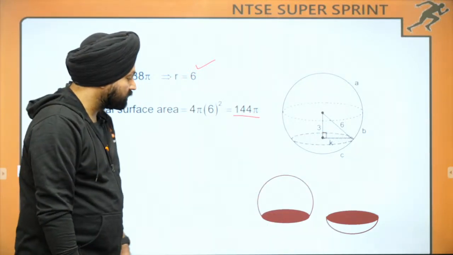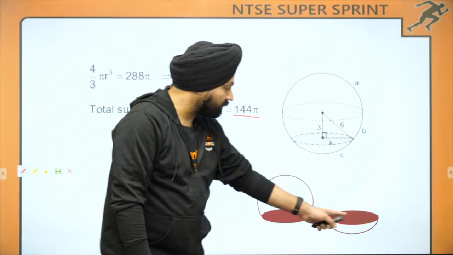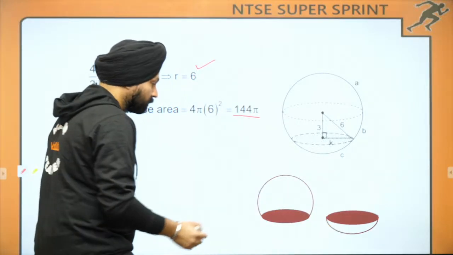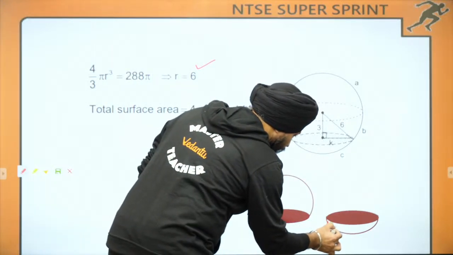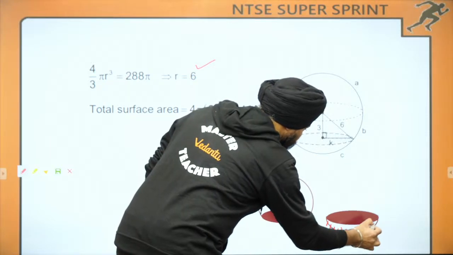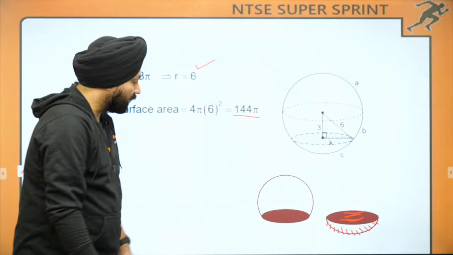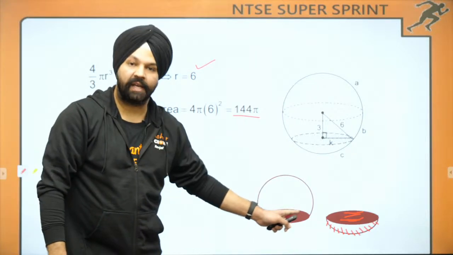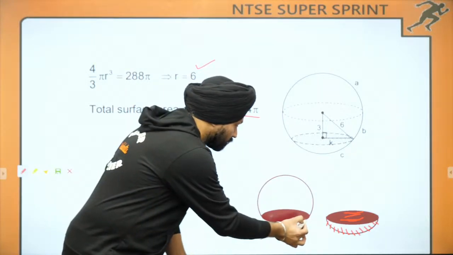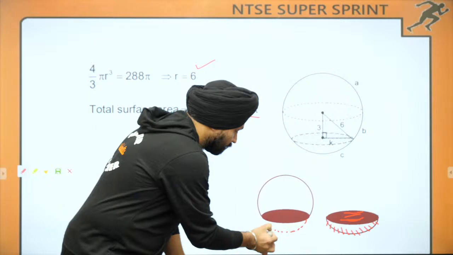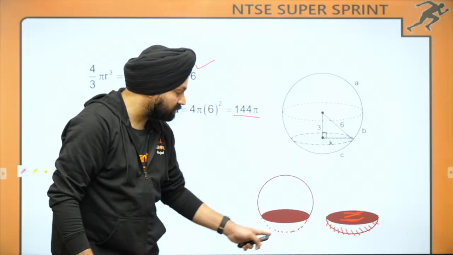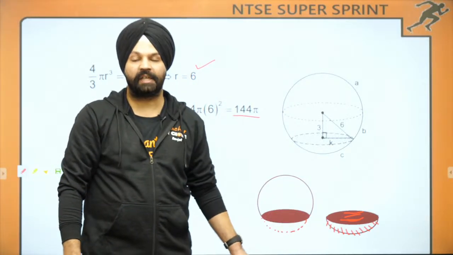Now it is very much visible that the portion which has been removed, because of that, this is the surface which is more, and this is a flat surface which is less. You have got a new flat surface, but the curved surface is lost now. Instead of curved surface, you have got a flat surface which is to be calculated.